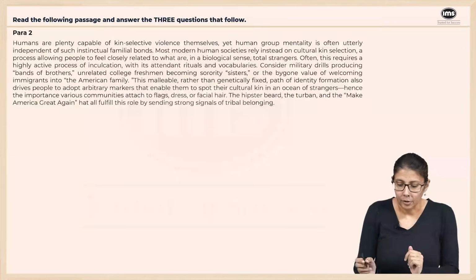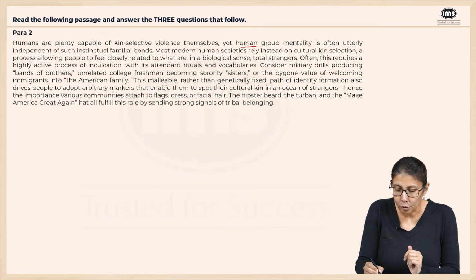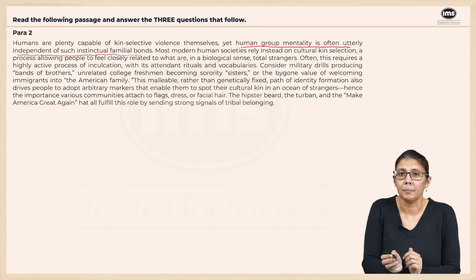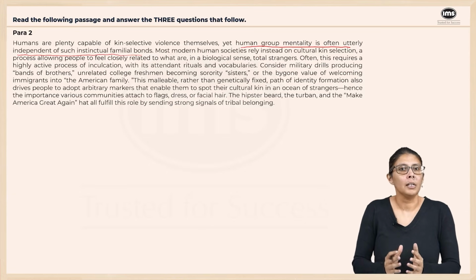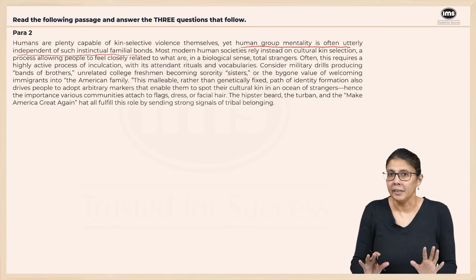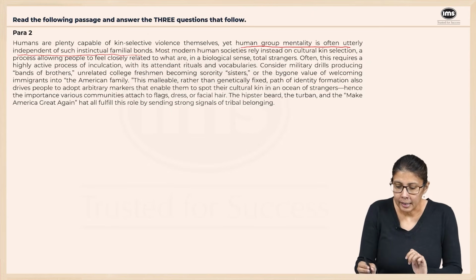In this paragraph, we are explaining that human group mentality is often utterly independent of such instinctual familial bonds. That means that people that we feel related to or connected to are not instinctively or biologically determined. Instead, they are culturally determined.